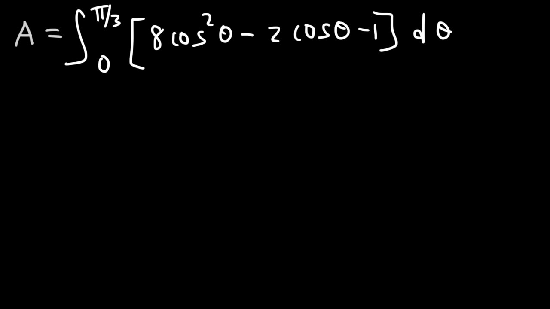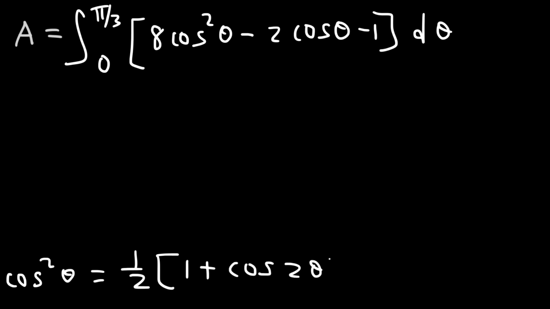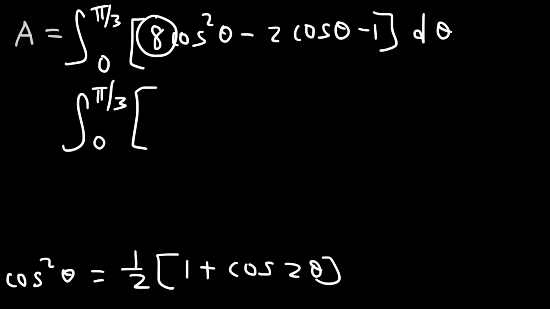Now let's use the power reducing formula for cosine squared theta. And so that's going to be 1/2 times 1 plus cosine 2 theta. Now we have an 8 in front. So it's 8 times 1/2, which we can make that 4.